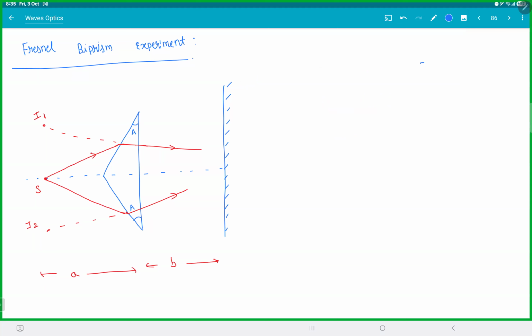So the deviation is A into mu minus 1. If this light ray had gone straight, this would be your deviation delta.